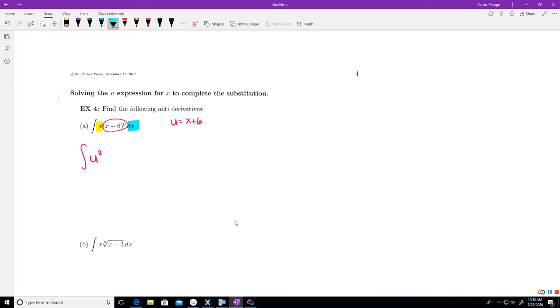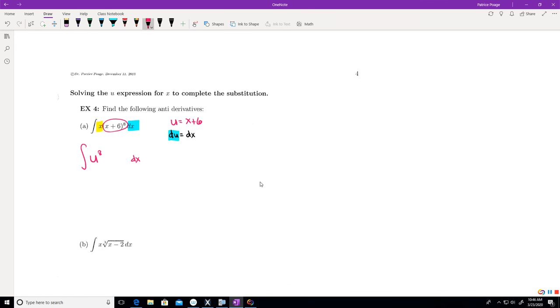So taking the derivative of my u, I get 1 du equals 1 dx. Now what I need is x dx. Here's the rule. You can only multiply or divide each side by a number, not by x, not by a variable. You can't do that. So this part will replace the dx for me. So I'll go ahead and put that in there.